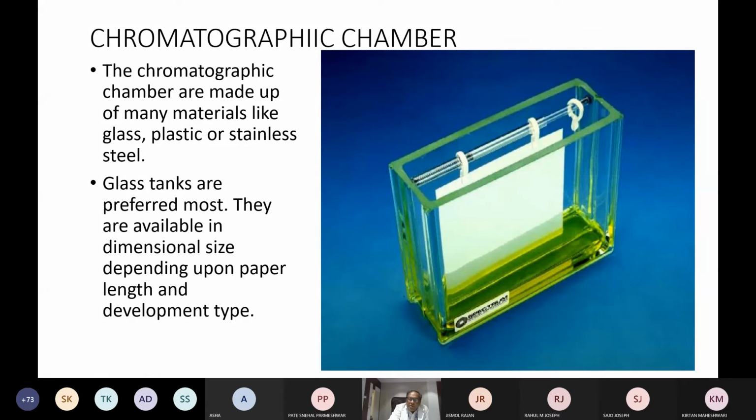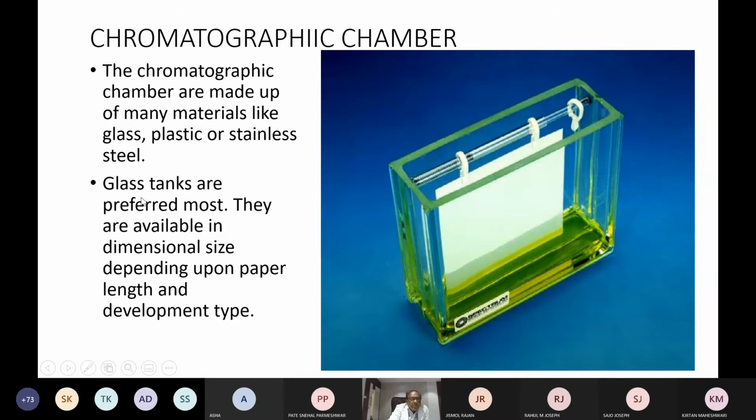In that beaker, the Whatman's filter paper should be hung upside down, and prior to that you have to mark it and put some of the reagent that will be used, or you can call it the buffer, on the filter paper in one line. On that, you have to put about 5 to 6 microliters of the sample to be processed and leave it there for 3 to 4 hours and see how the changes occur.